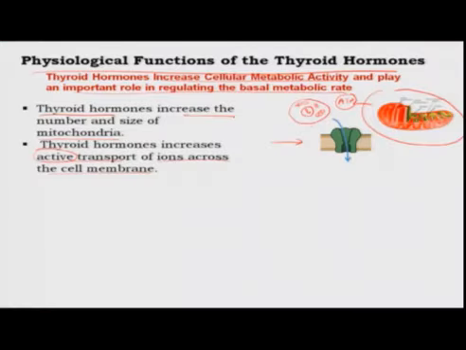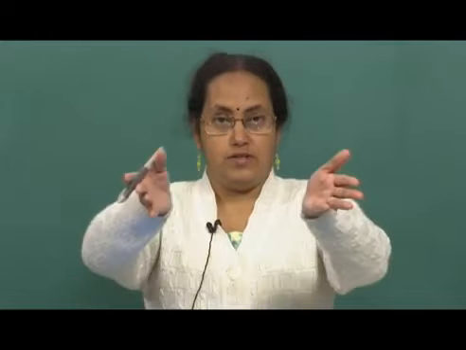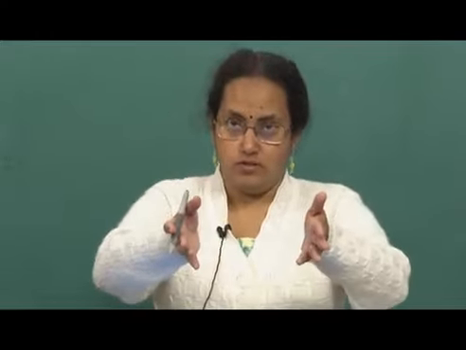So, if something is present more outside, it will tend to diffuse through these channels if they are open. Now, if there is less of this molecule outside the cell and more inside, it will naturally tend to diffuse out of the cell because it is going down its concentration gradient.